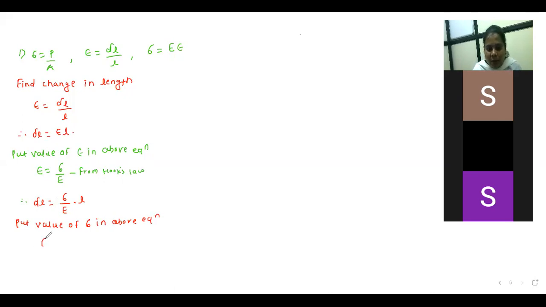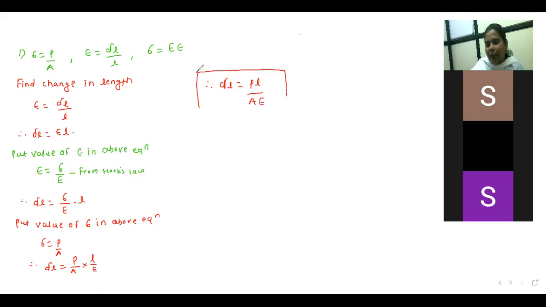Sigma equals force upon area. Therefore, del L equals P upon A into L upon E. Finally, del L equals PL upon AE.